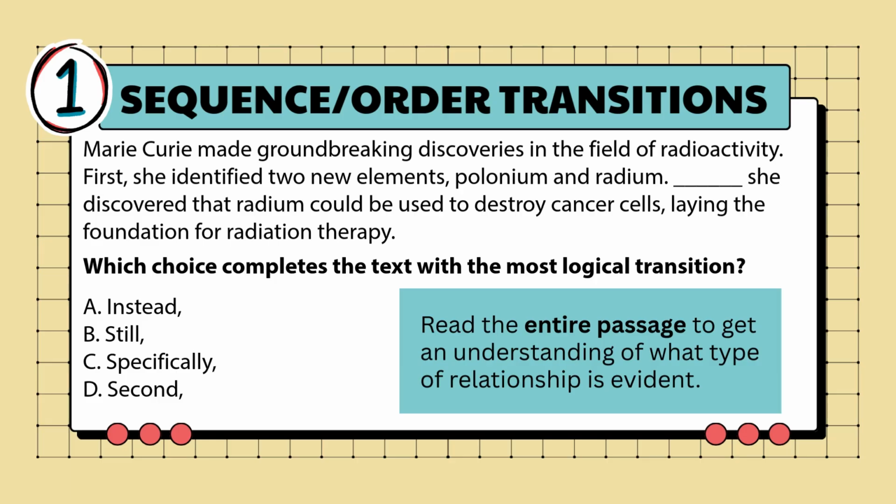Remember, you only have to look for the three types of transitions on the Q1 exam: exemplification, sequence order, or agreement similarity. Let's read it again with the blank. Marie Curie made groundbreaking discoveries in the field of radioactivity. First, she identified two new elements, polonium and radium. Blank. She discovered that radium could be used to destroy cancer cells, laying the foundation for radiation therapy.